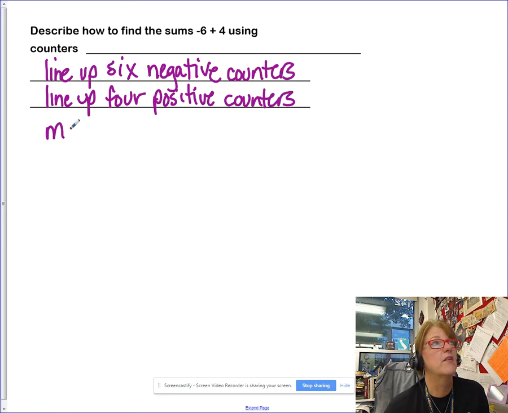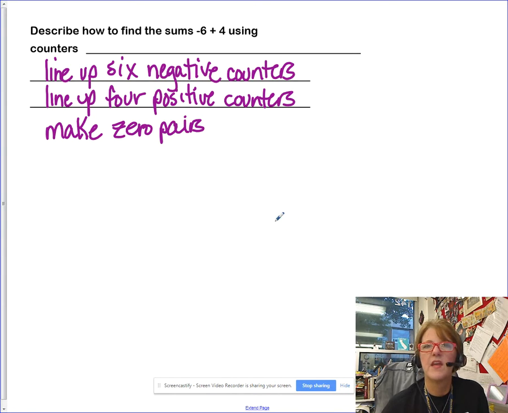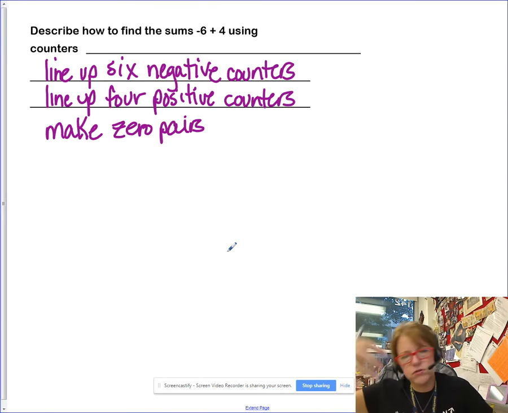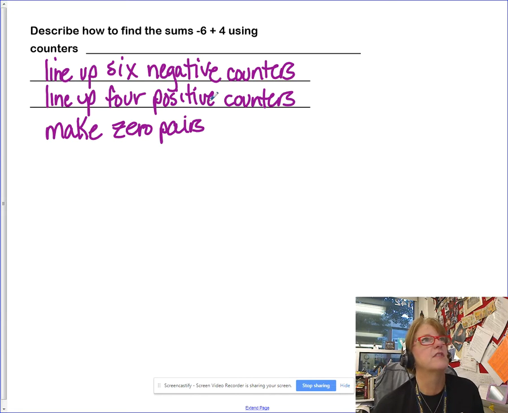Make 0 pairs, and see who's left standing, basically. It's kind of like a battle of the counters, and you see who's left standing.